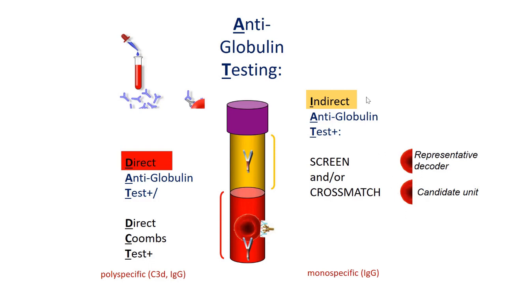The indirect antiglobulins used in screens or cross matches are concerned only with proving the attachment of IgG and is therefore monospecific, in contrast with the polyspecific Coombs reagent used in assessing for existing immune attack towards patient population red cells.